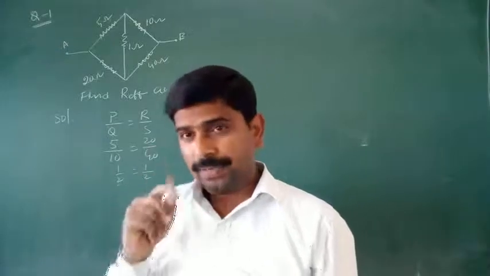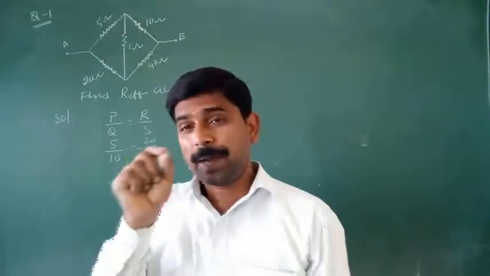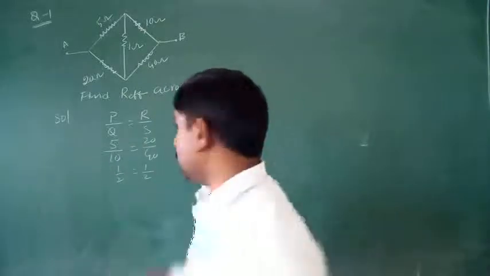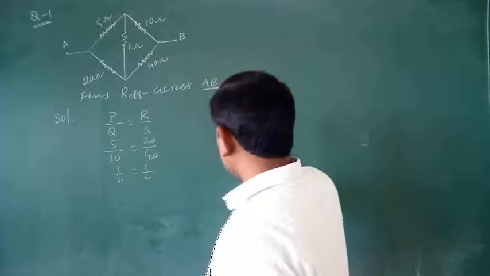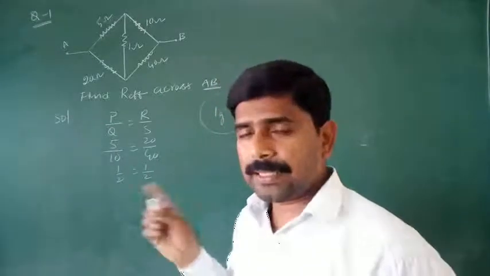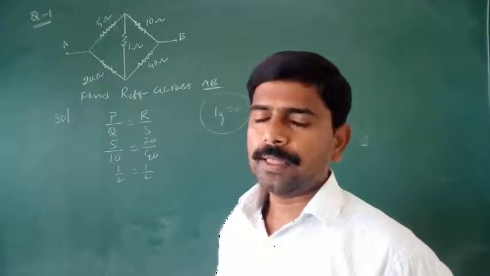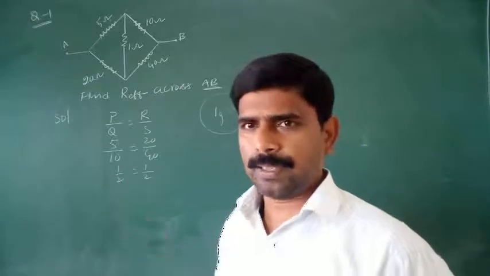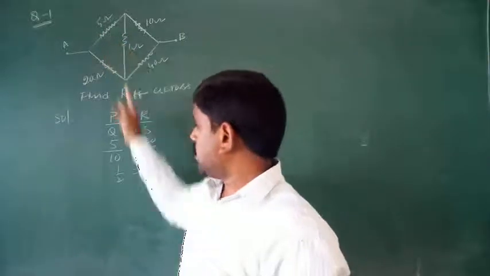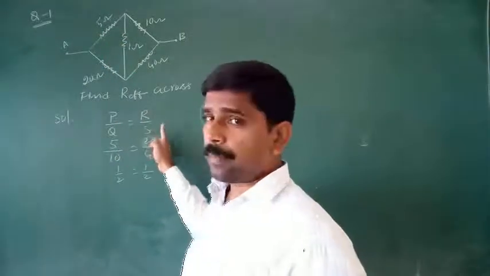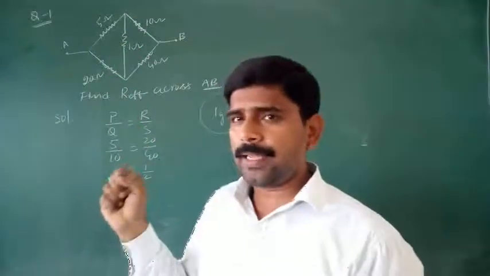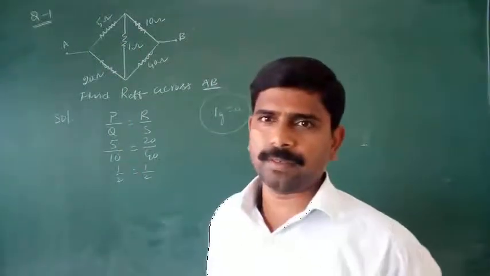In the Wheatstone bridge, we studied the bridge balancing condition. We discussed that when the current passing through the galvanometer, that is Ig, is equal to 0, then the bridge is said to be balanced. Here P by Q is equal to R by S, means no current is passing through the 1 ohm resistor.